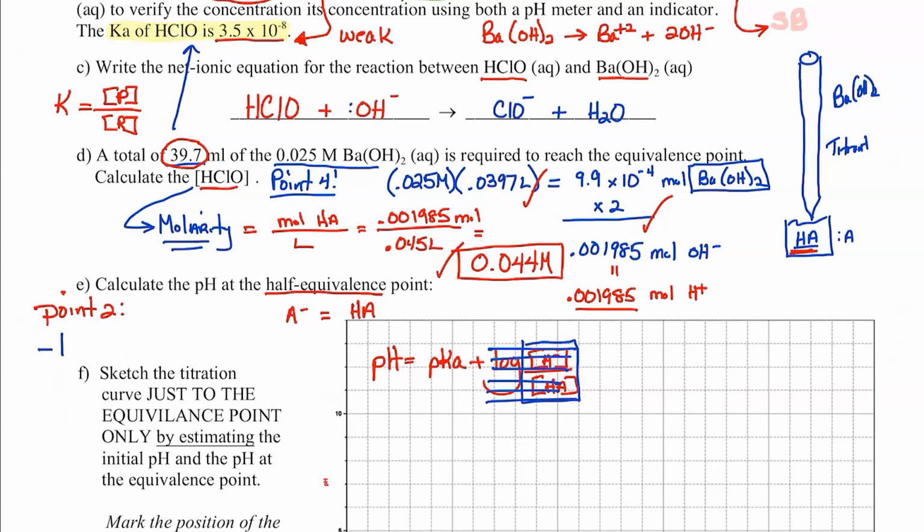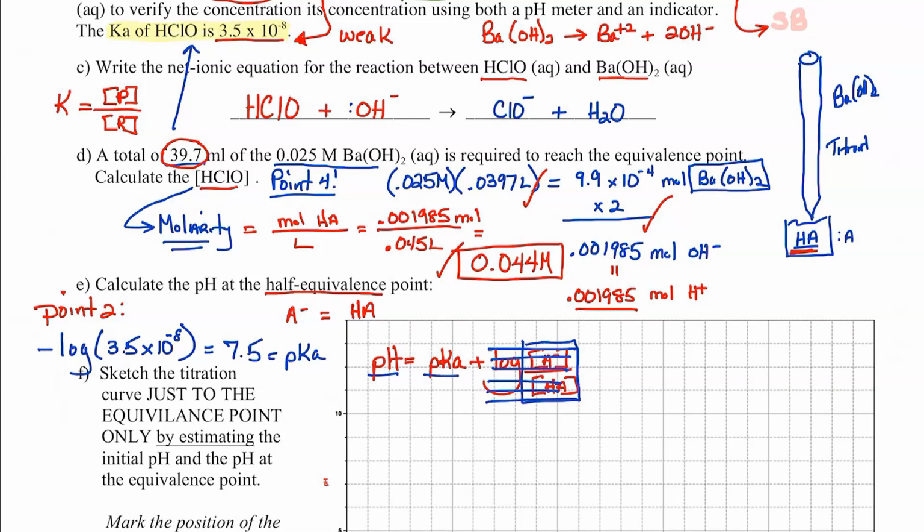So negative log the 3.5 times 10 to the negative 8. All right. And when I do that, I get 7.5. And that is equal to my pKa. Little p of my Ka. Very simple, but you had to know that pH equals pKa at the half equivalence.